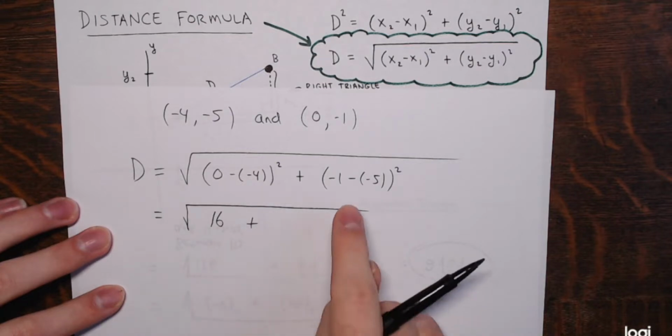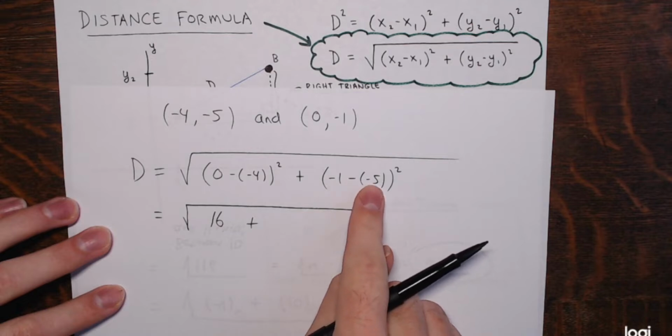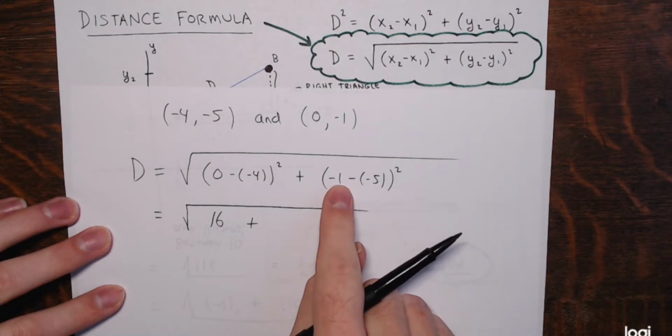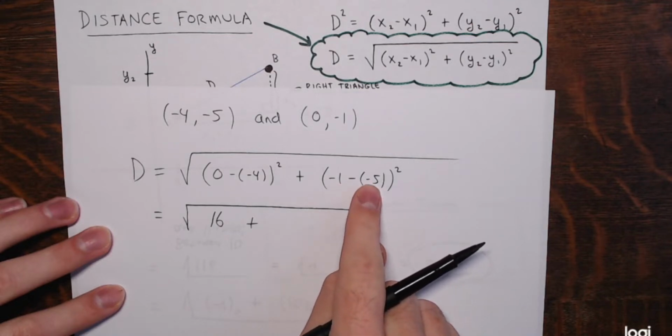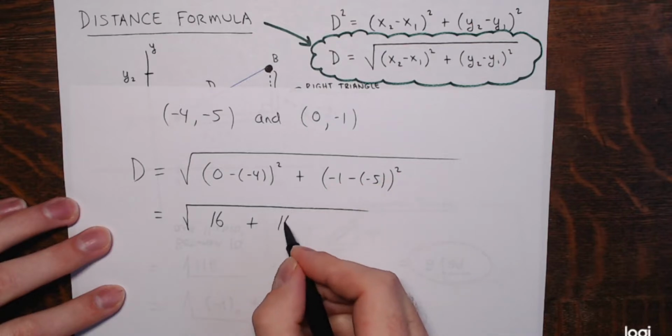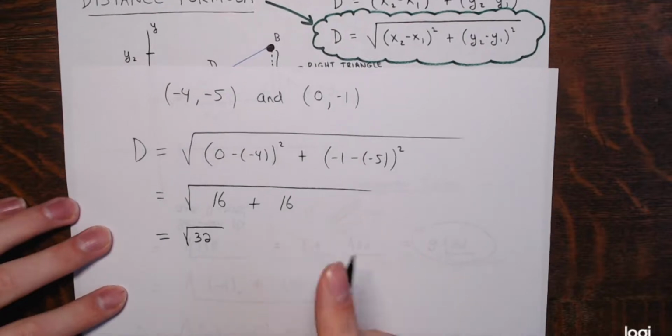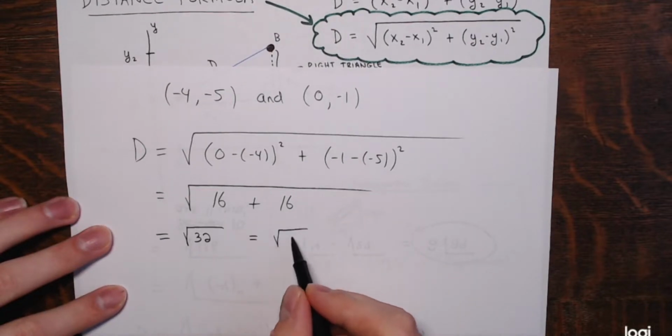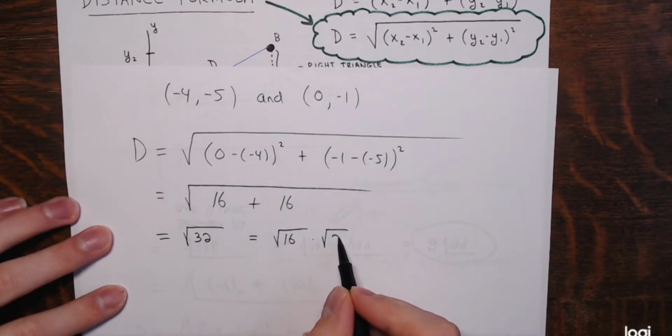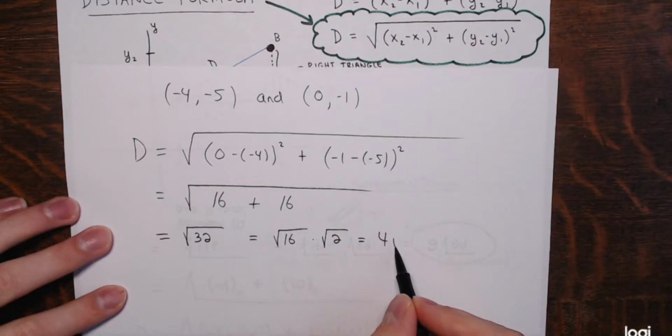Plus -1 minus -5, that'd be -1 plus 5, which would be 4. 4 squared is 16 again. So this is the square root of 32. Alright, 16 plus 16, which, this is the square root of 16 times the square root of 2. 4 times the square root of 2 when you totally simplify.